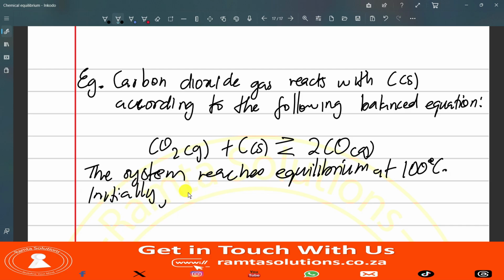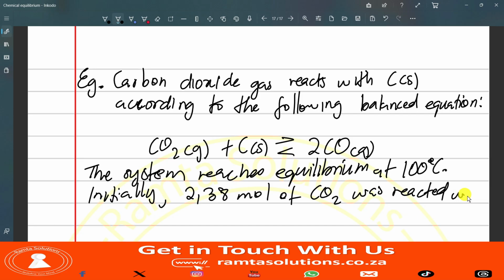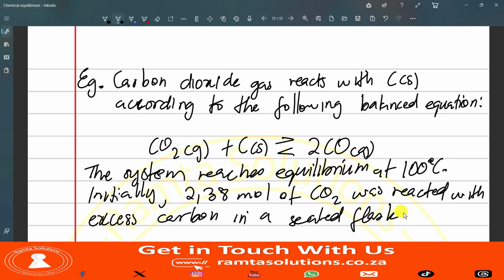Initially, 2.38 moles of carbon dioxide was reacted with excess carbon in a sealed flask of 250 cubic centimeter.